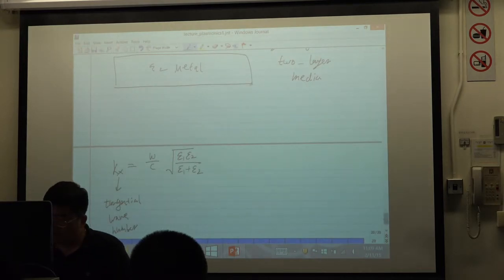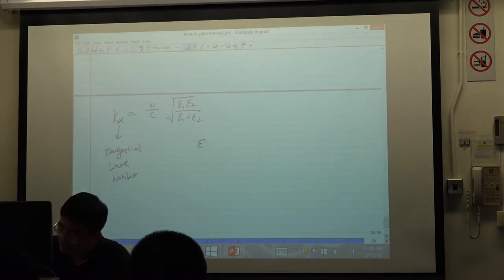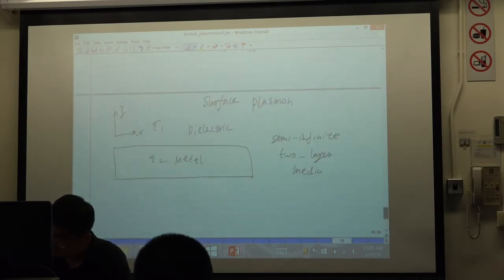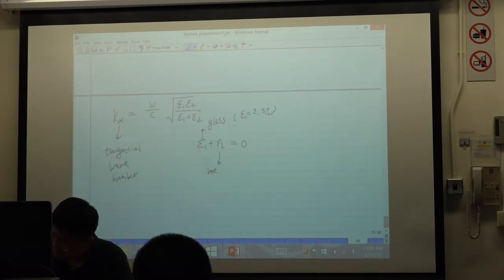So what happened? Epsilon 1 plus epsilon 2 goes to 0. I assume epsilon 1 is glass. Glass typically has epsilon of 2.25. This is metal.